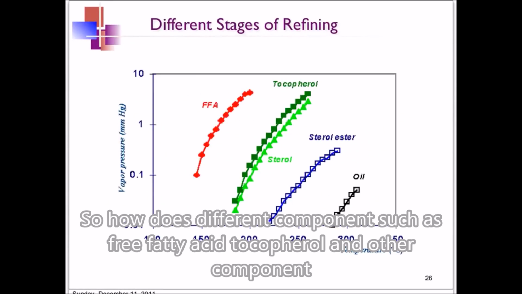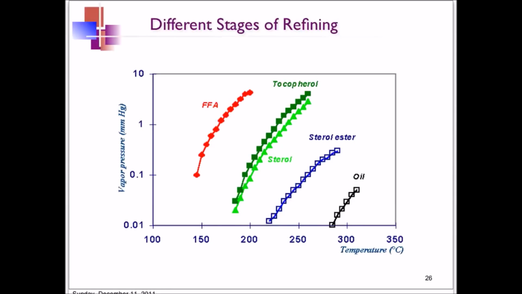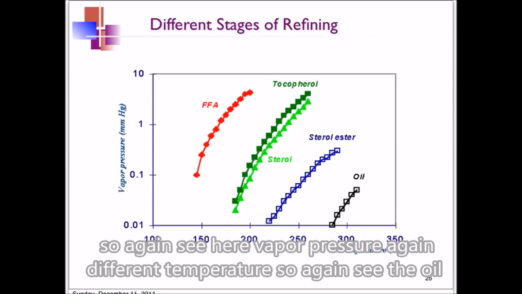So how can different components such as free fatty acid, tocopherol, and others be separated from the oil during the deodorization process? The principle is based on the different degrees of volatility of the different components compared to oil. We can see here a plot of vapor pressure against temperature.